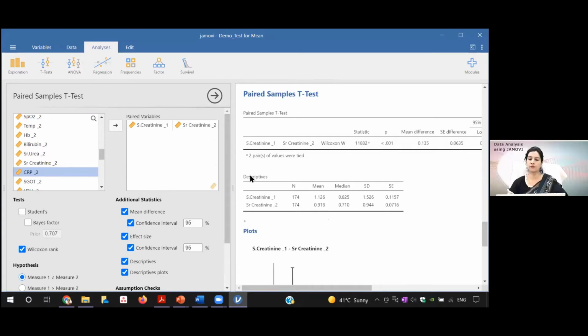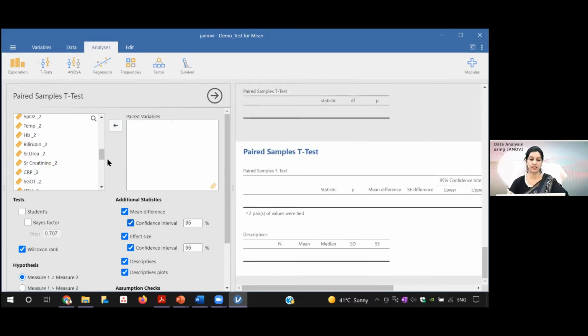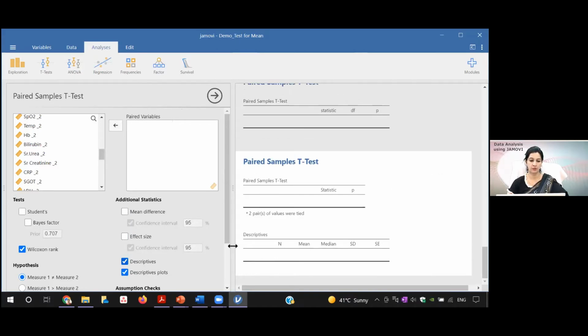Yeah, I will repeat. So I'm repeating it again because in the first check, when we were doing the normality testing, we saw that creatinine was not normally distributed. So now I have to test creatinine separately for the Wilcoxon. So I'll move this back. So this was like this. Then again, I have removed all these things. I'll show you since the beginning.